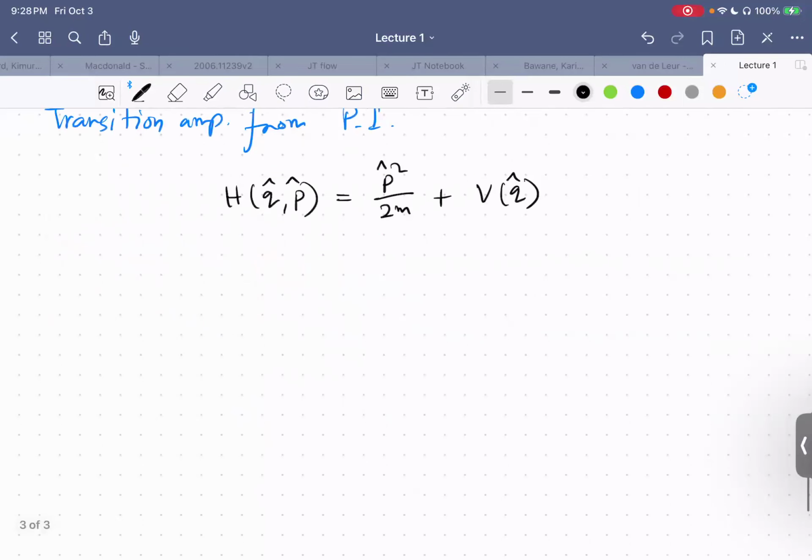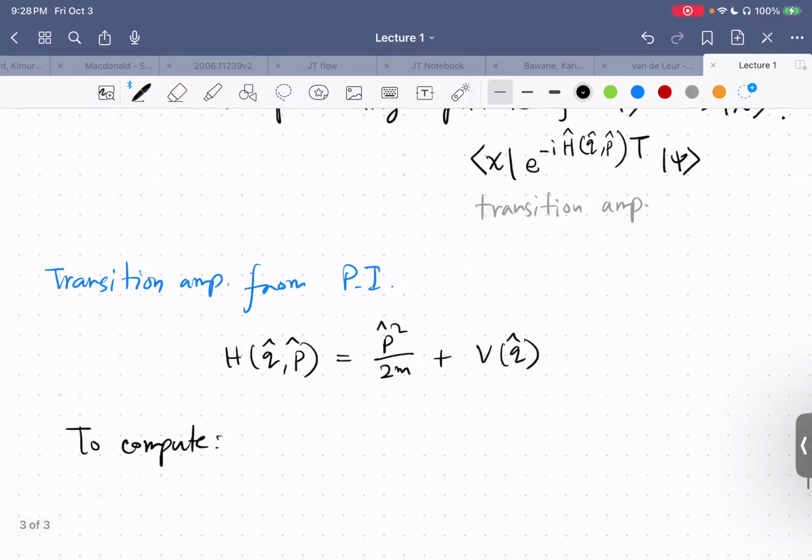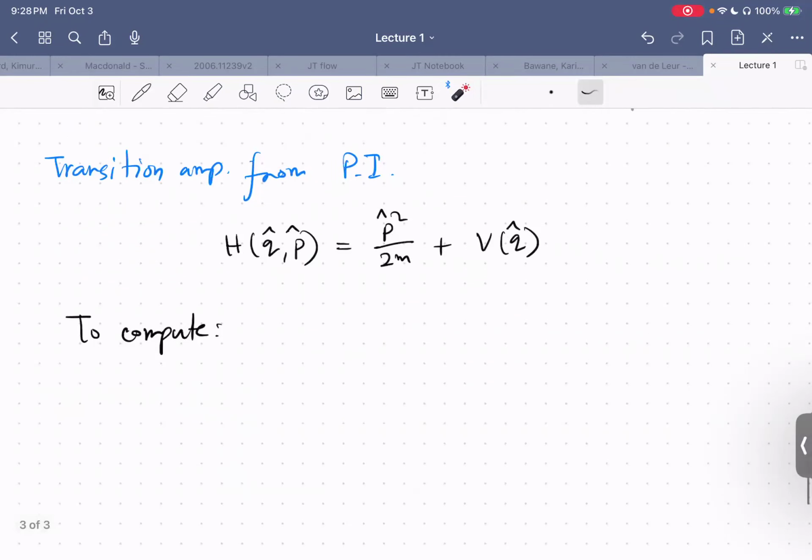Okay, so the quantity that we want to compute, the transition amplitude, is like this, but slightly more specific. We want to compute the transition amplitude from a particular position to another particular position.